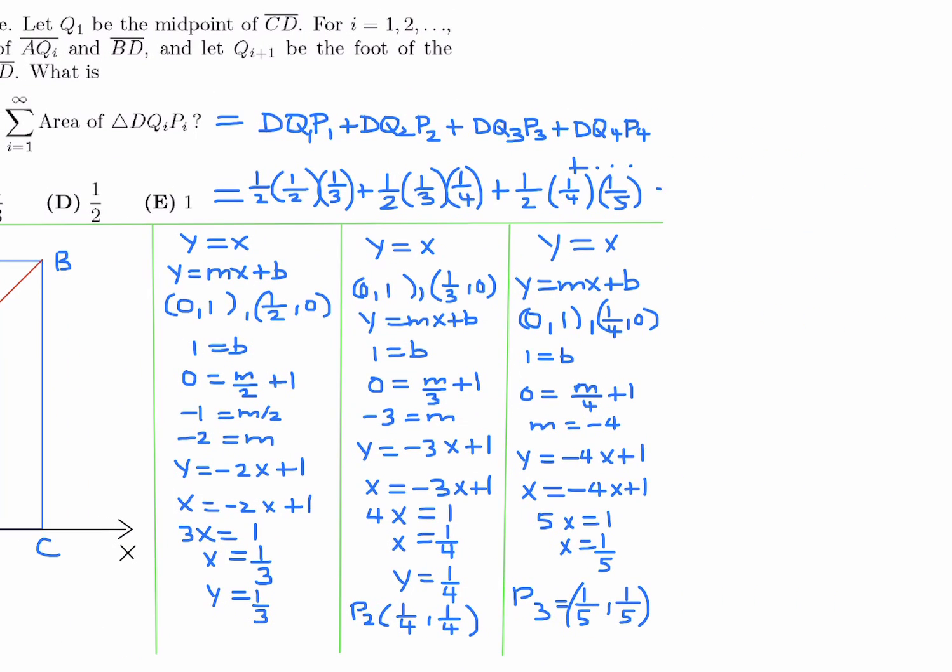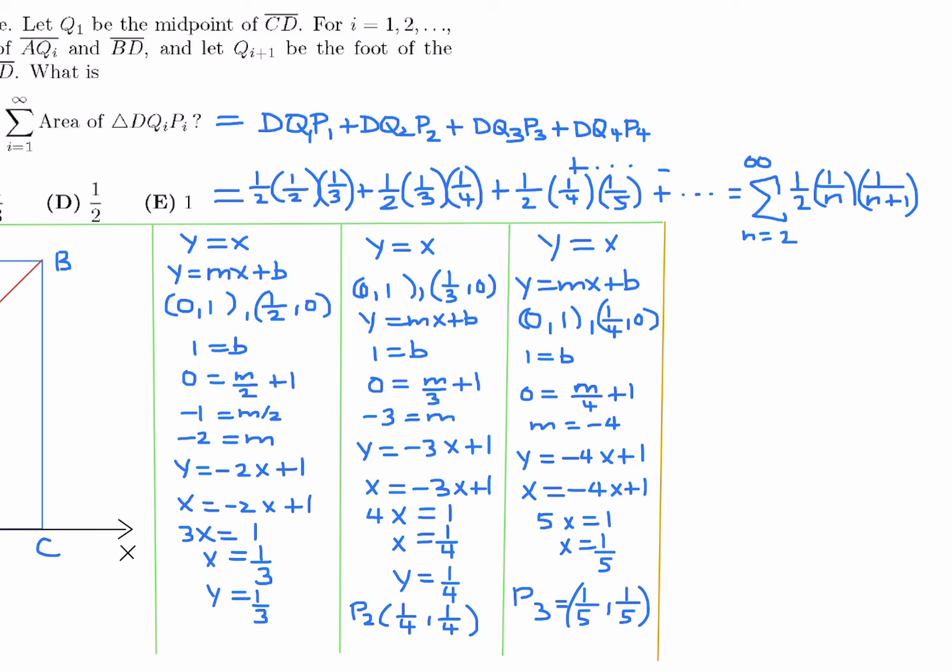And that pattern, obviously, looks like if we were to write it in summation notation, the sum as i, or any letter, I like n better actually, n equals 2 to infinity of 1/n times 1/(n+1). And don't forget the 1/2 in the middle.